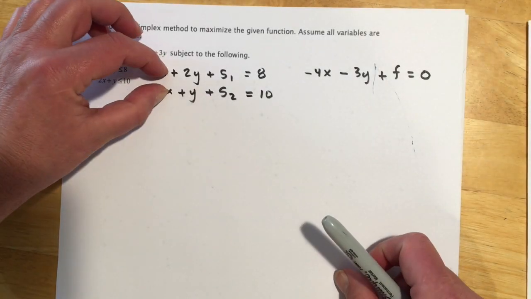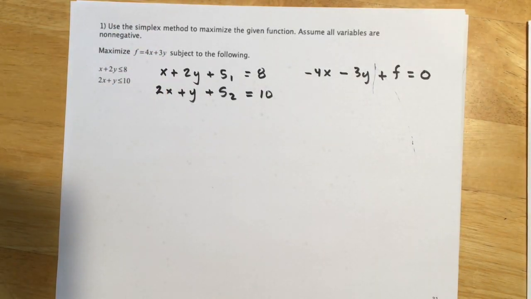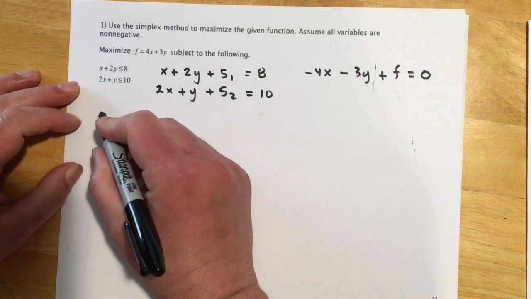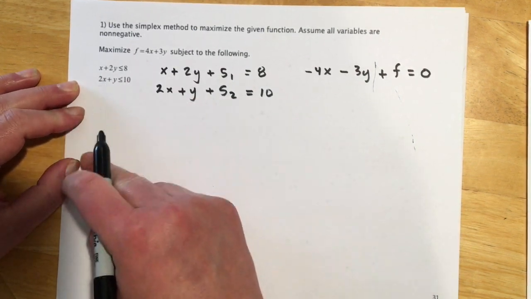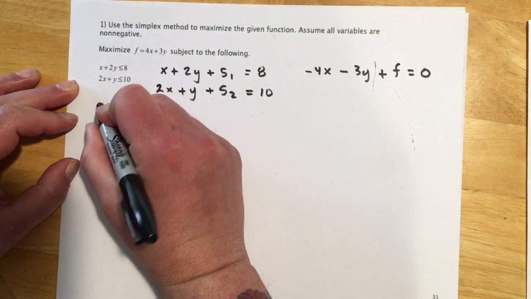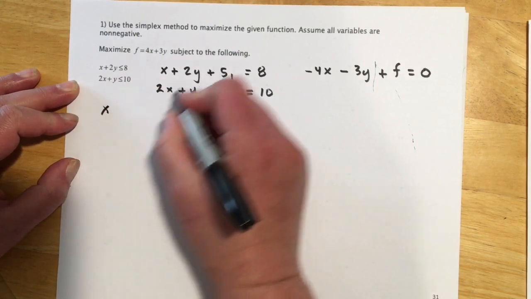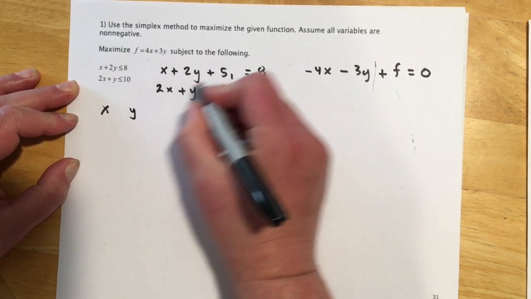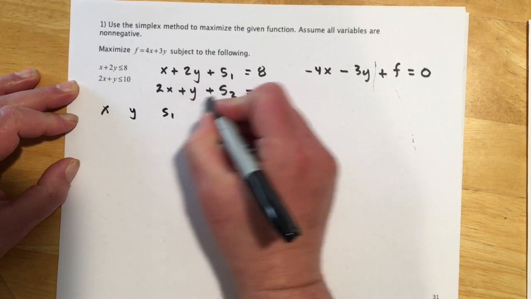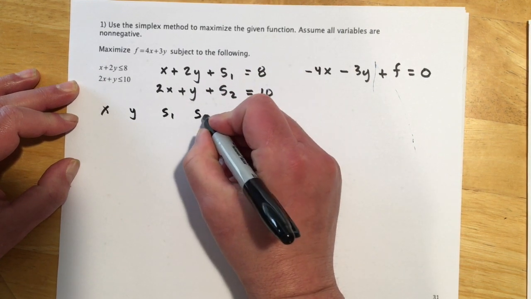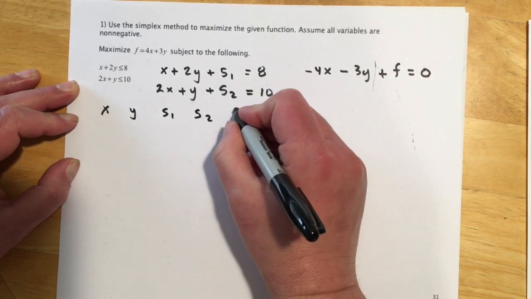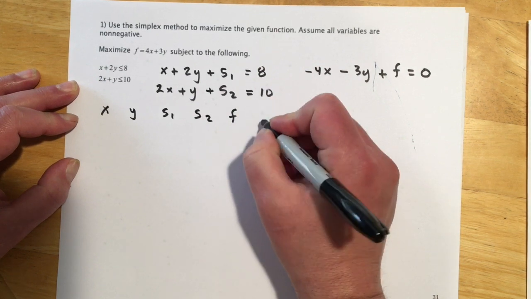So let me show you what that would look like. We want our constraint equations first. If I write this as a matrix, we're going to have 3 equations this way, and then let's label our columns. We're going to have x, y, slack 1, slack 2, f, and then our equal sign.